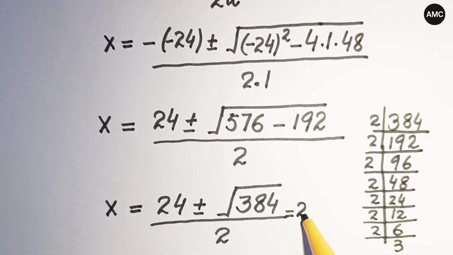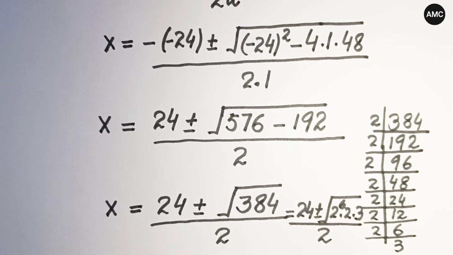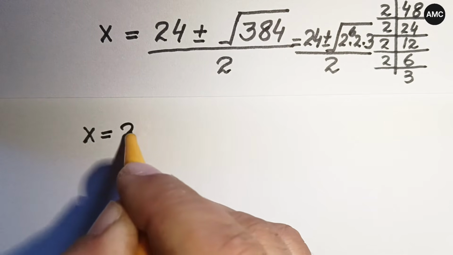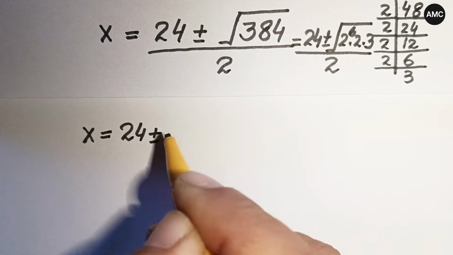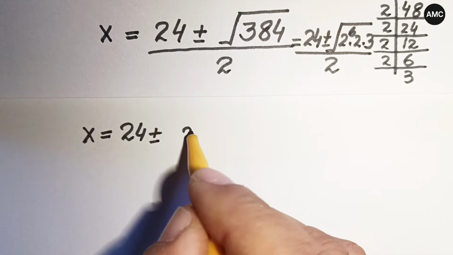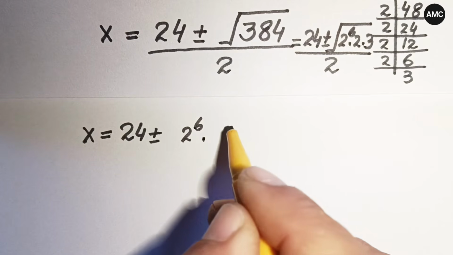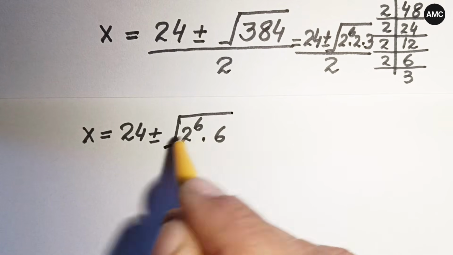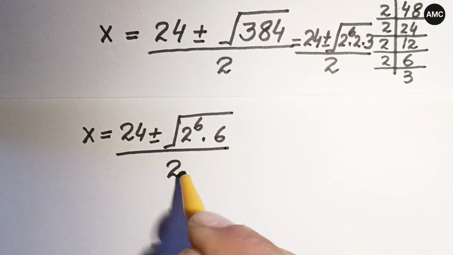So we can write that it is equal to 24 plus or minus the square root of 2 to the power 6 times 2 times 3, all over 2. Now our next step: x is equal to 24 plus or minus the square root of 2 to the power 6 times 3 times 2, which is 6, all over 2.